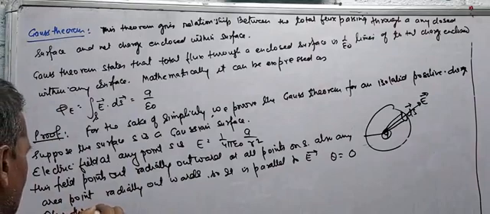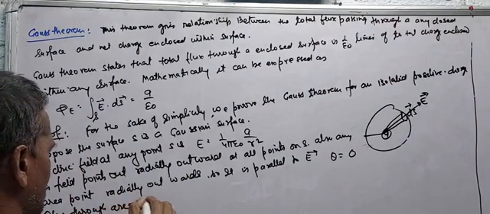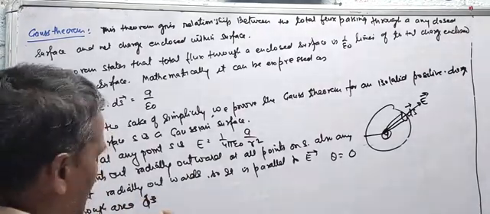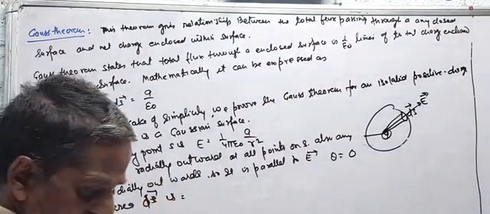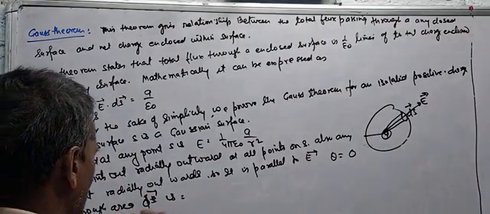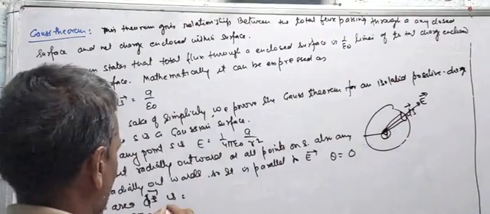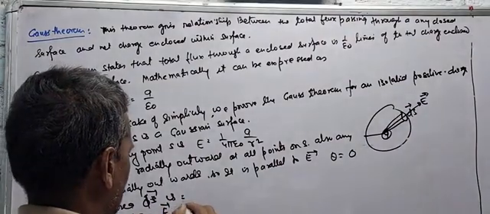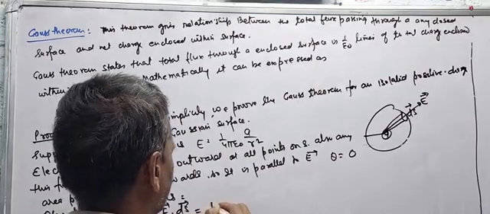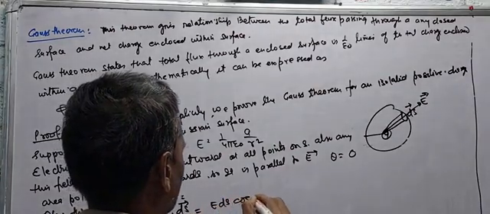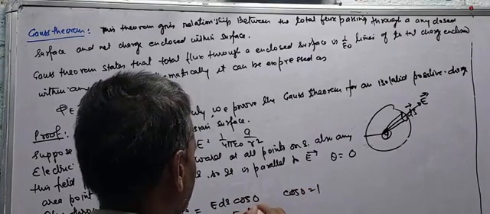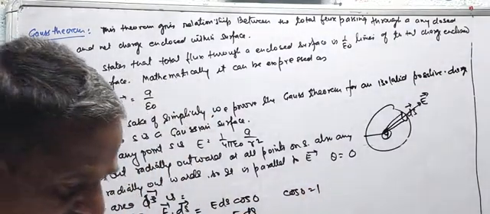Flux through area dS is d phi E equal to E vector dot dS vector, that is E dS cos 0, and cos 0 equal to 1, that is E dS.